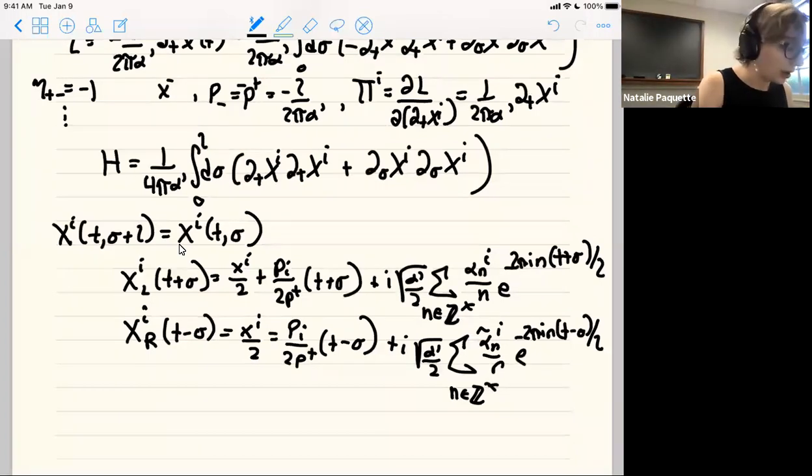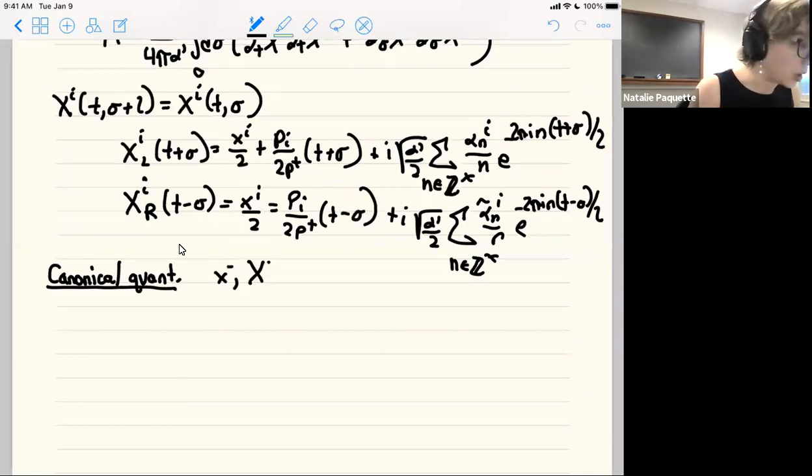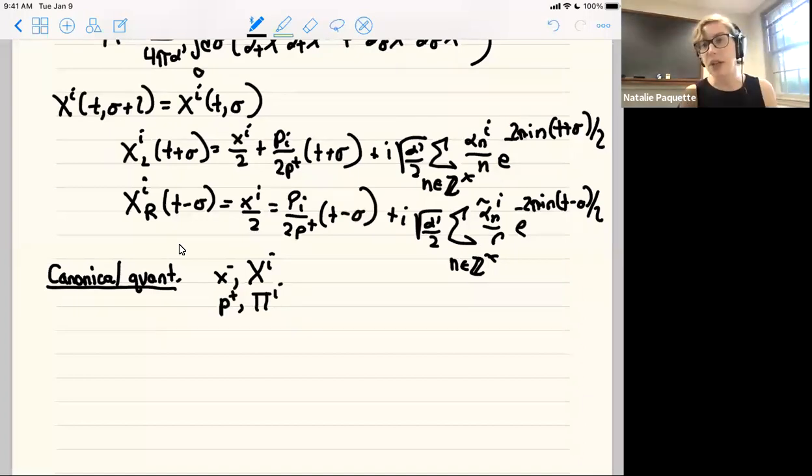Okay, so now we just canonically quantize. We have our degrees of freedom. We've computed their canonical momenta, and we can impose canonical commutation relations on the position and momenta as we always do, and that will translate in terms of these mode expansion variables to the following commutators.